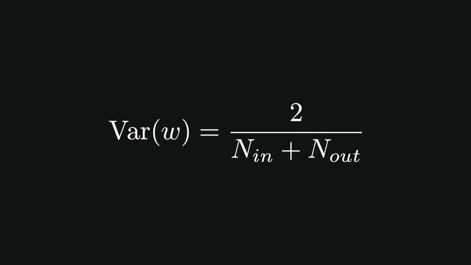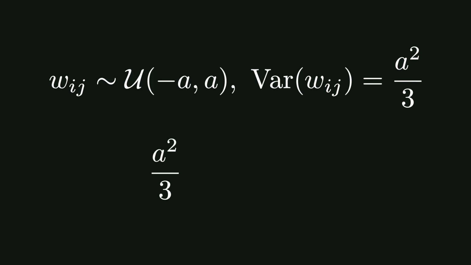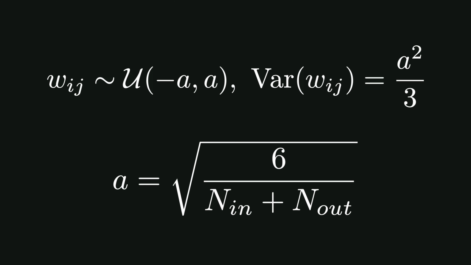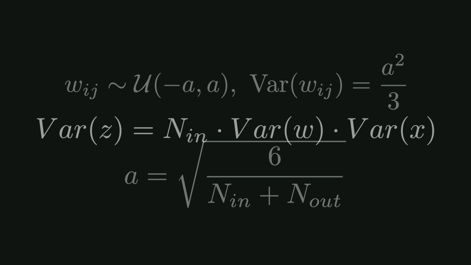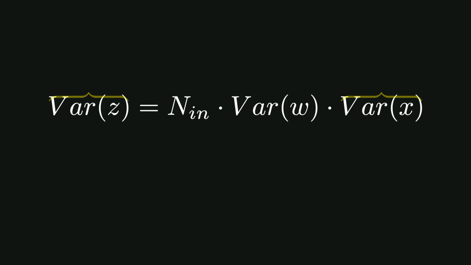In the case of Xavier uniform, the variance is given by a squared over 3. So, we equate this to the desired variance and derive the formula for the range A. Now, this works well for sigmoid and tanh type activation functions, but it fails miserably for ReLU. The reason is that in the case of ReLU, the two variances we assume to be close are actually not.